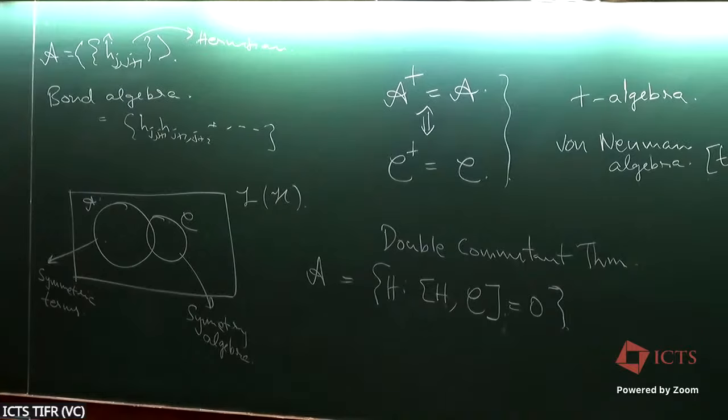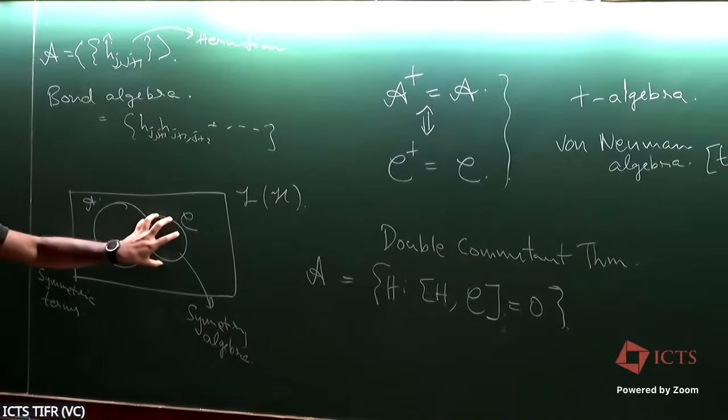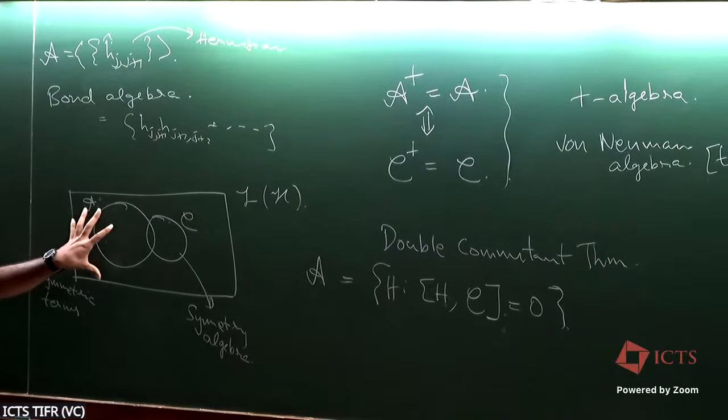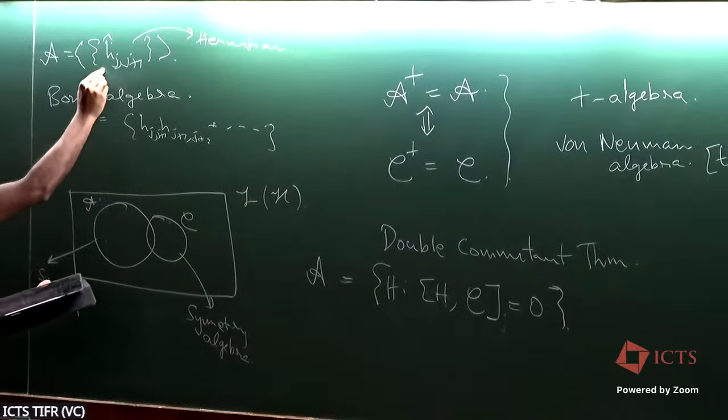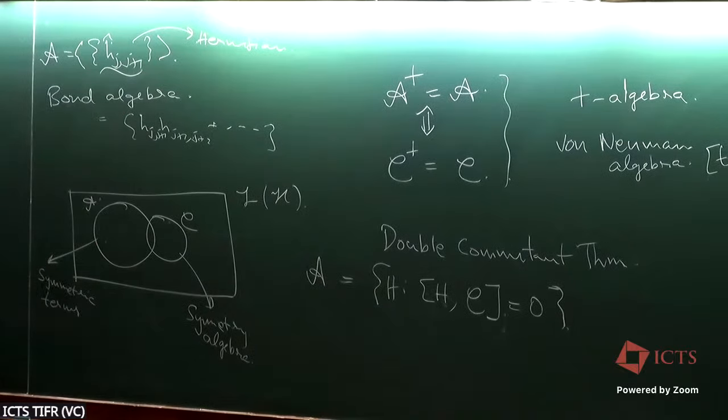What that means is that any operator that is symmetric under the symmetries in C lies in this algebra A, which means that you can express any symmetric operator in terms of the local terms that I started out with.